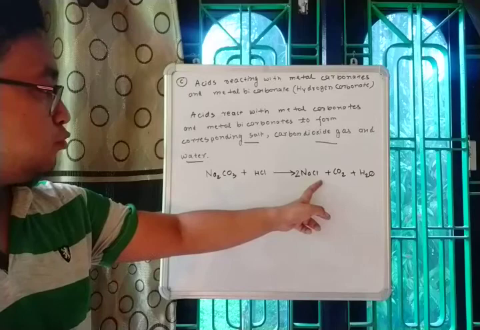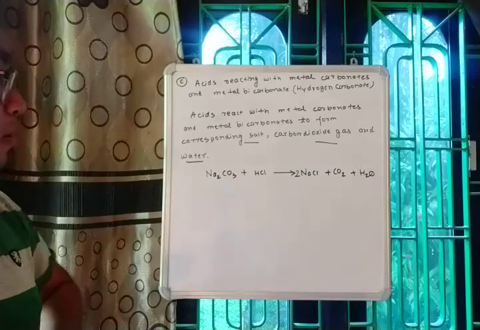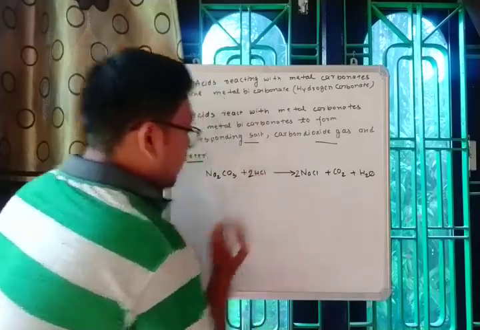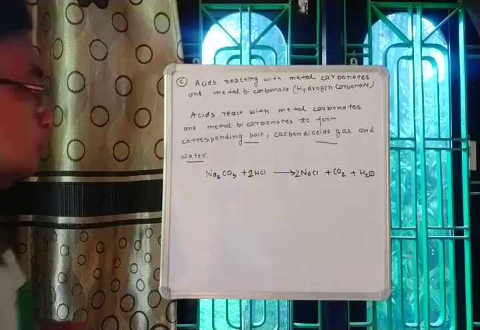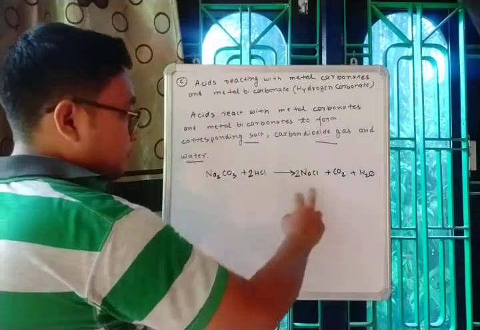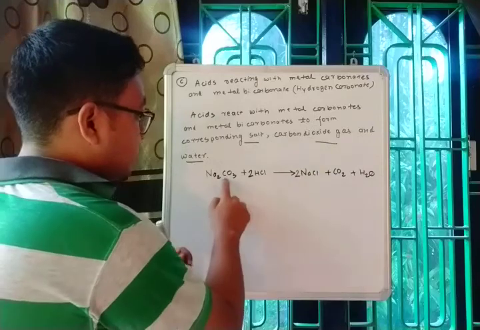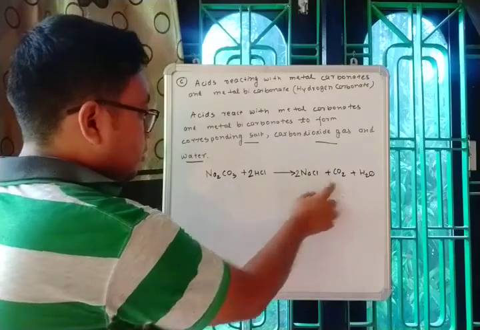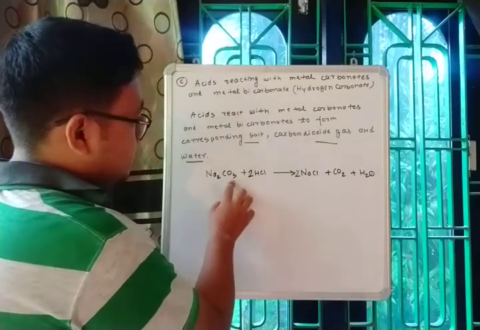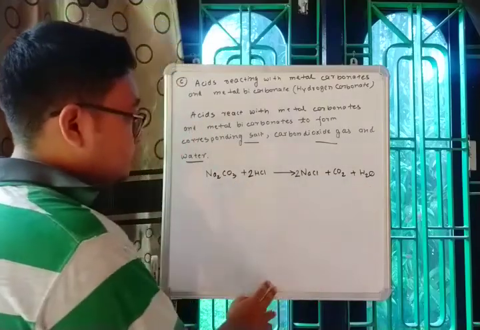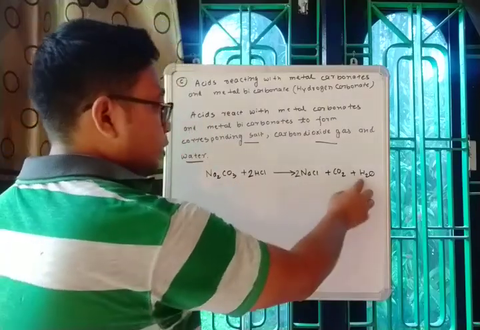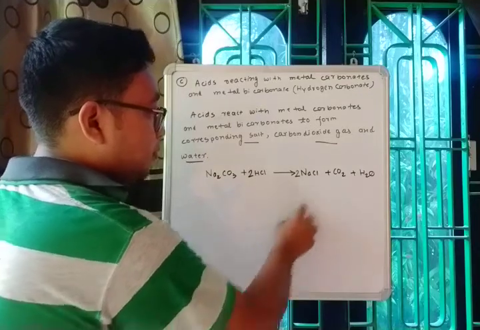We have 2 chlorine here and 1 chlorine there, so add 2 here as well. Now count. We have 2 sodium balanced, 1 carbon balanced, 3 oxygen and 3 oxygen balanced, 2 hydrogen balanced, and 2 chlorine and 2 chlorine balanced. So this is one example where we have shown the reaction of acid with metal carbonate.